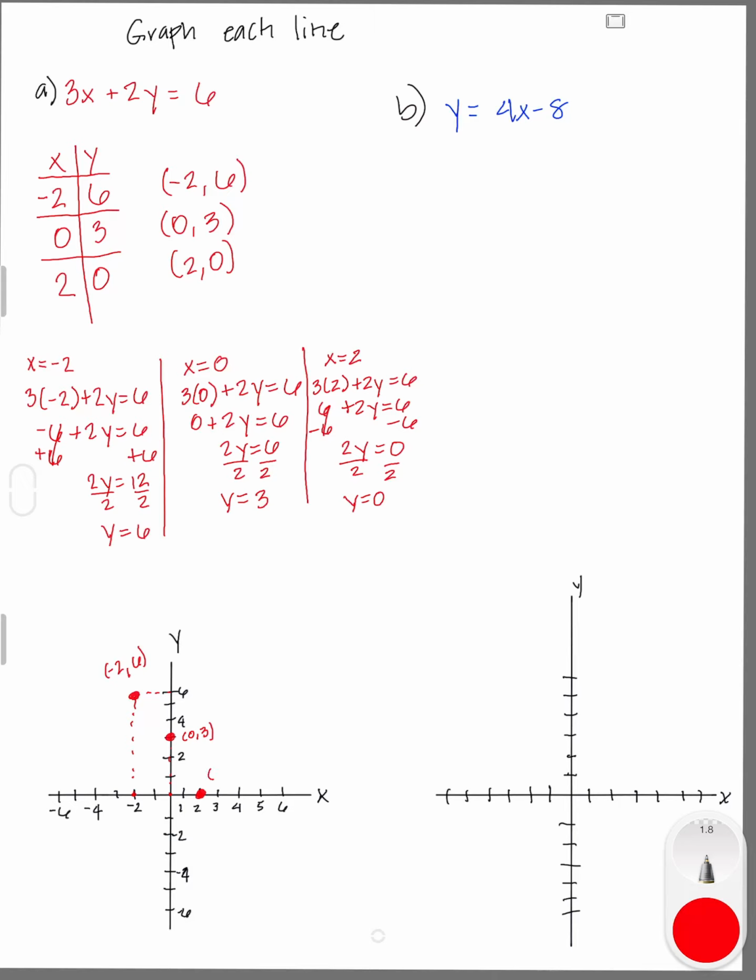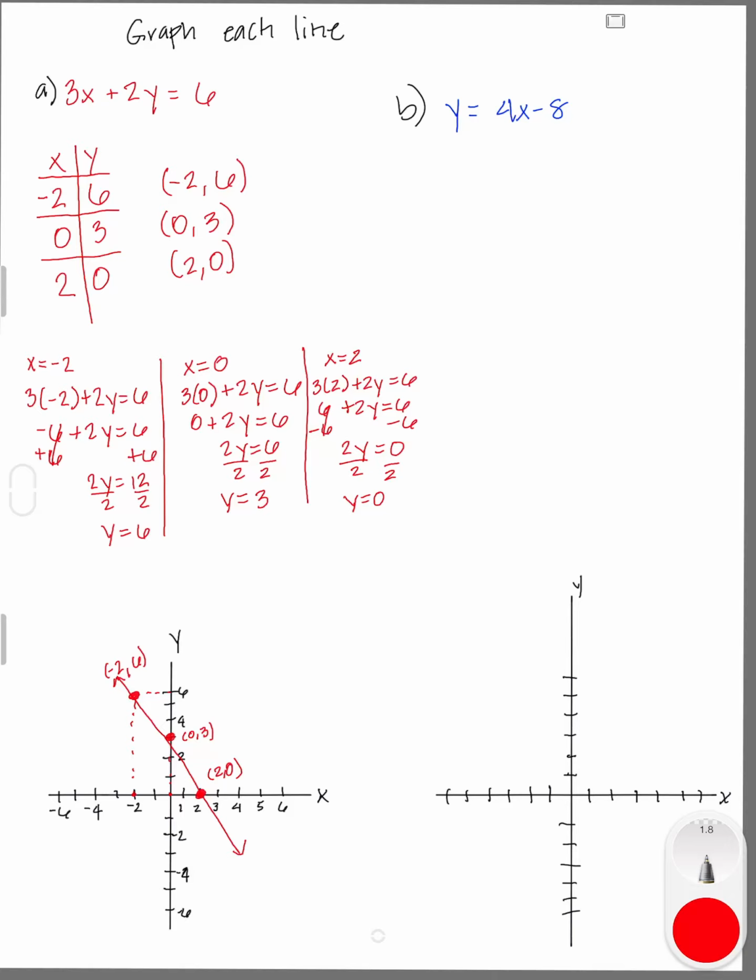Our y value is 0, so it just stays on the x-axis. Notice how when we had y equals 0, we stayed on the x-axis. We're going to look into that a little bit further in the next slide, but I just wanted you to be careful with that and notice how when y is 0, we stay on the x-axis.